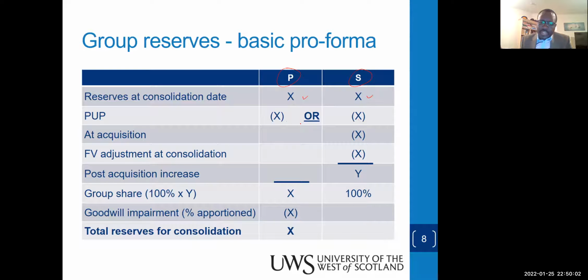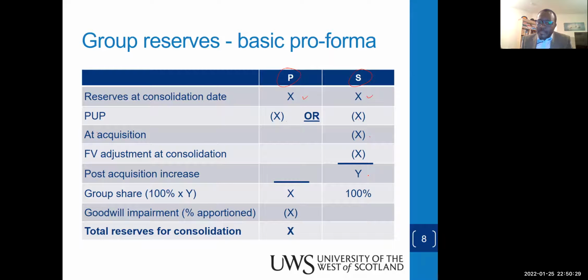Either way, subtract the unrealized profits on this intragroup trading. And then look at the reserves at acquisition, only that of the subsidiary, and then the fair value adjustment on consolidation, only for that of the subsidiary, and subtract all these. At the end of the day, you get what we call the post-acquisition increase.